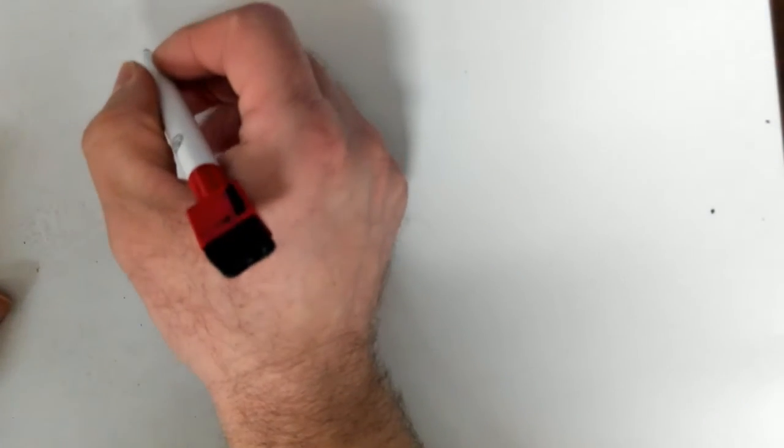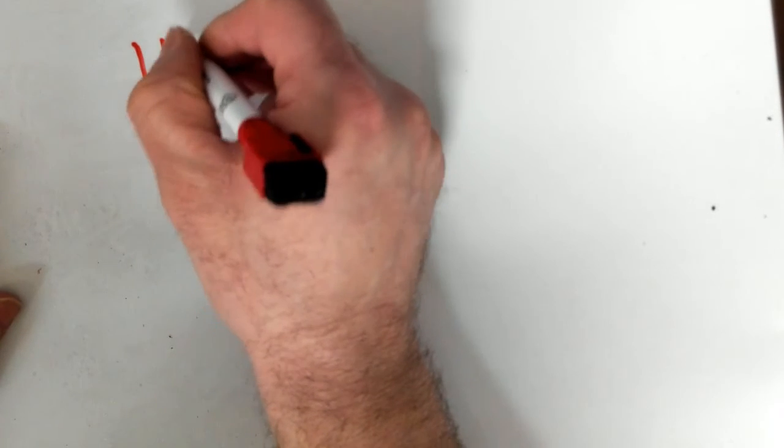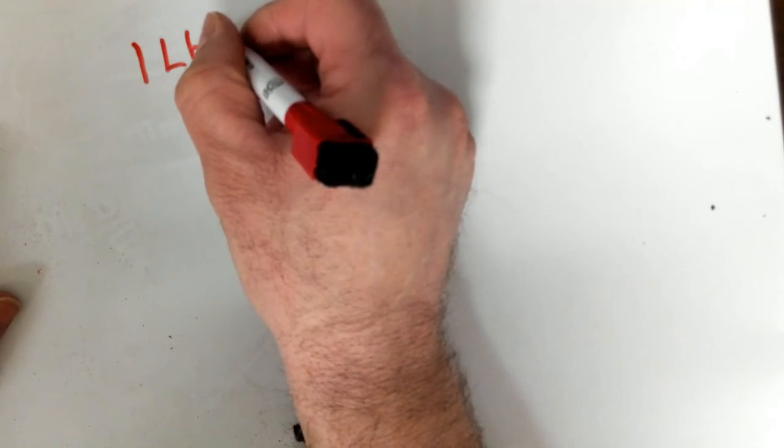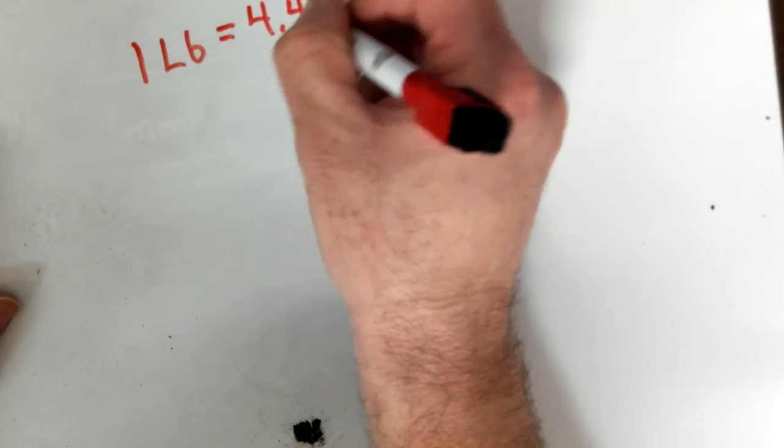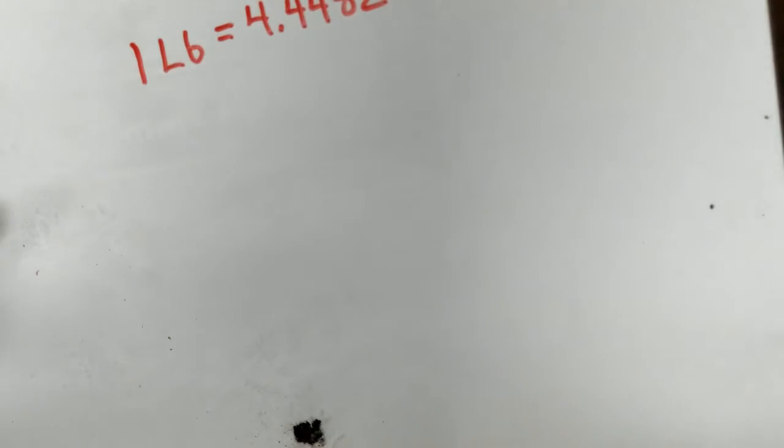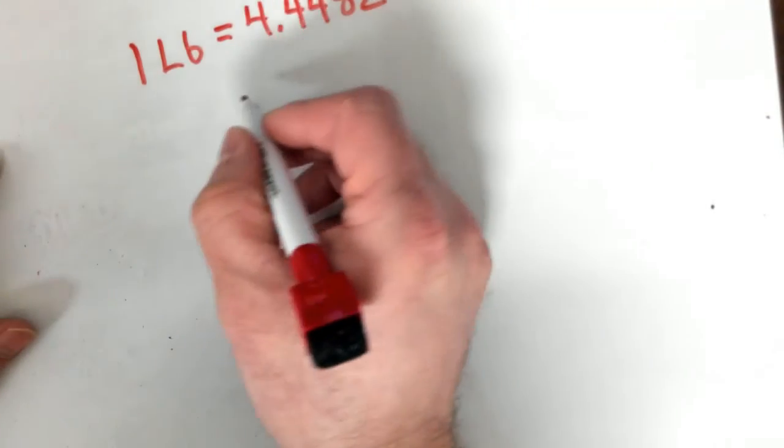Always remember that 1 pound is equal to 4.4482. The number goes on a little bit further than that. Okay?